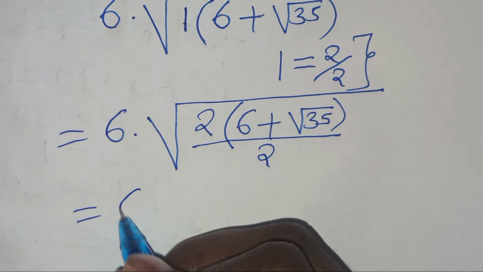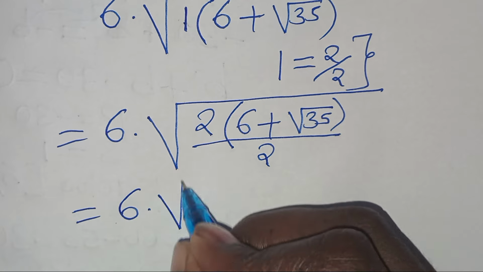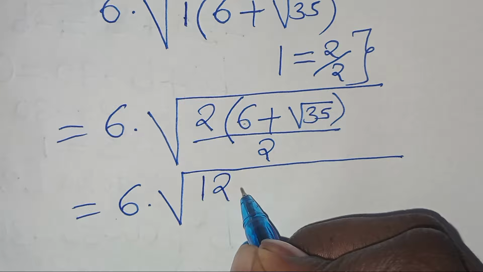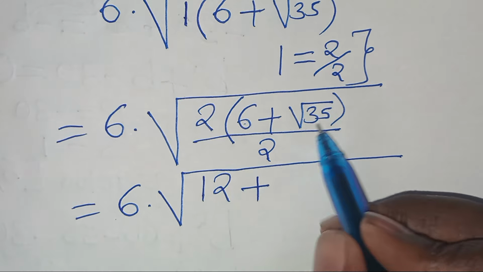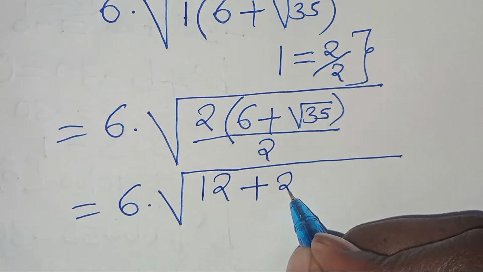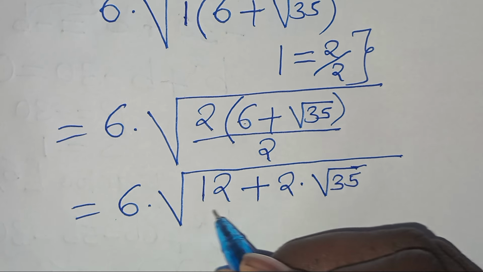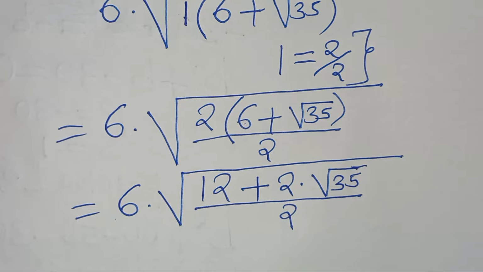Now let's open the parentheses here. So we have 6 multiplied by square root of 6 times 2, this is 12, plus 2 times square root of 35, so this is 2 times square root of 35, divided by 2.